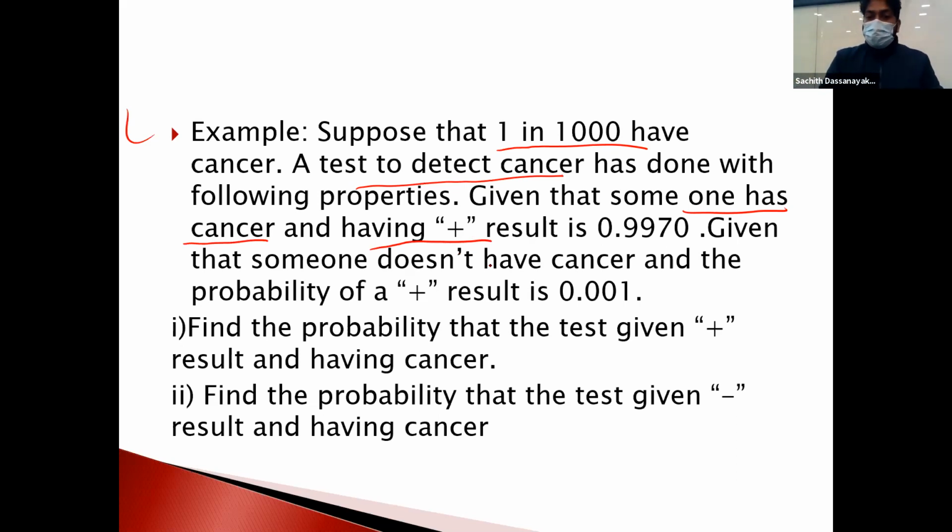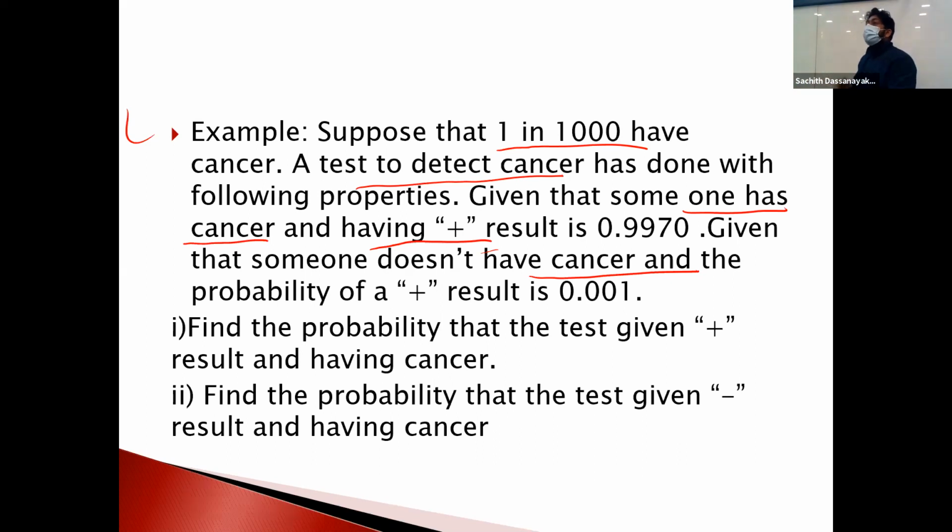That probability is 0.997. It is actually a high probability, you have a higher chance to get the correct result. Next part, given that someone doesn't have cancer, the probability of a positive result, the false positive result, is 0.001. Don't confuse this 0.001 with the 1 in 1,000 probability. It is a separate probability. Okay, clear?